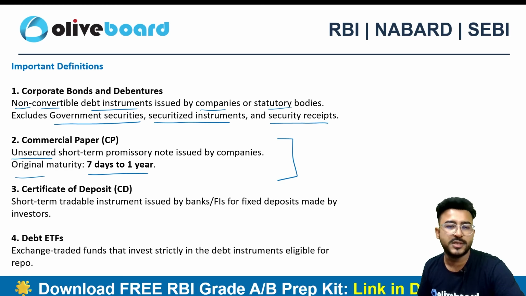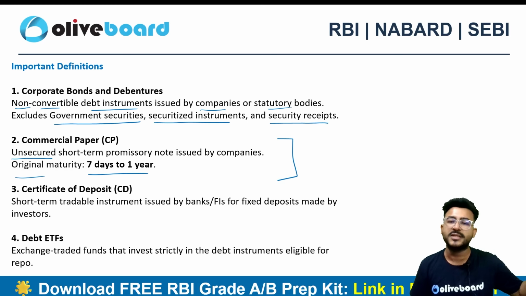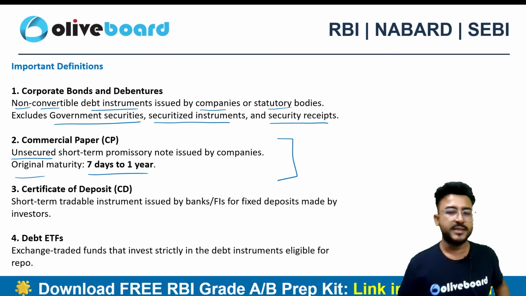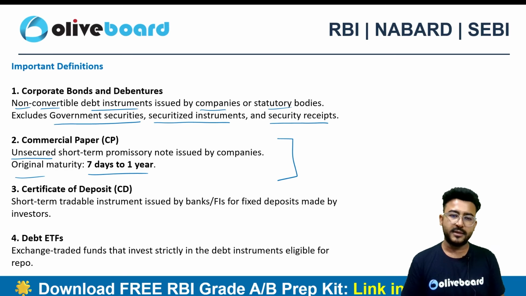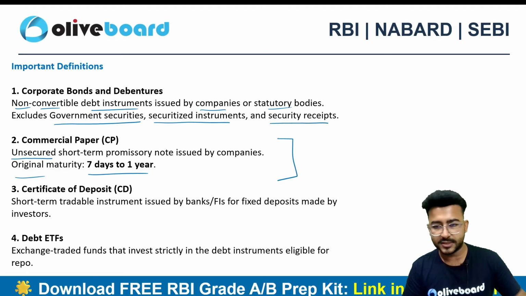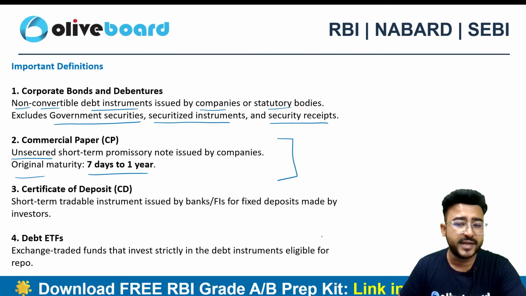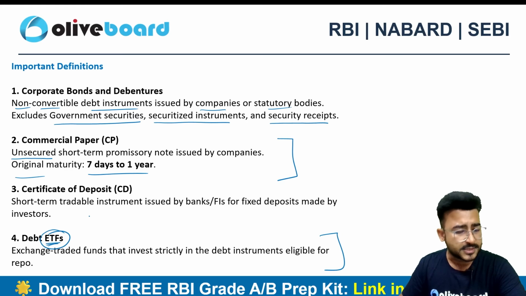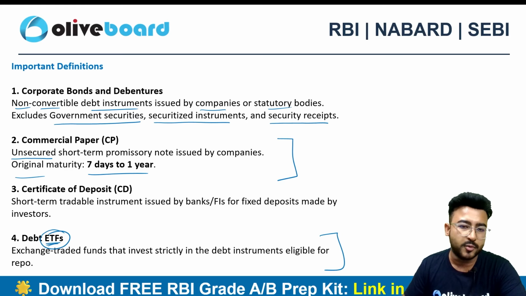Then if we talk about certificate of deposit, these are generally issued by financial institutions. These are again short-term debt raised by the financial institutions by issuing the certificate of deposits, right? Then we have debt ETF. What is an ETF? Exchange traded fund. Just like mutual funds, we have ETF, but the only difference is they are actually being traded on an exchange.